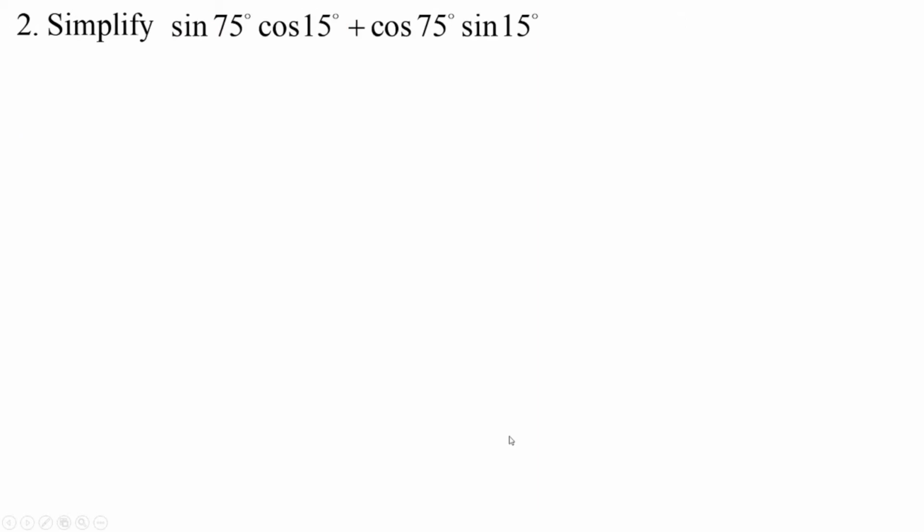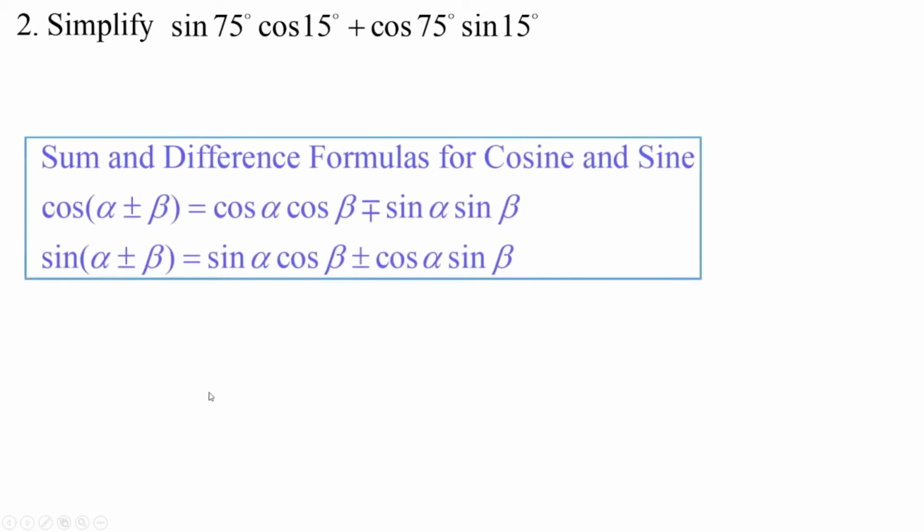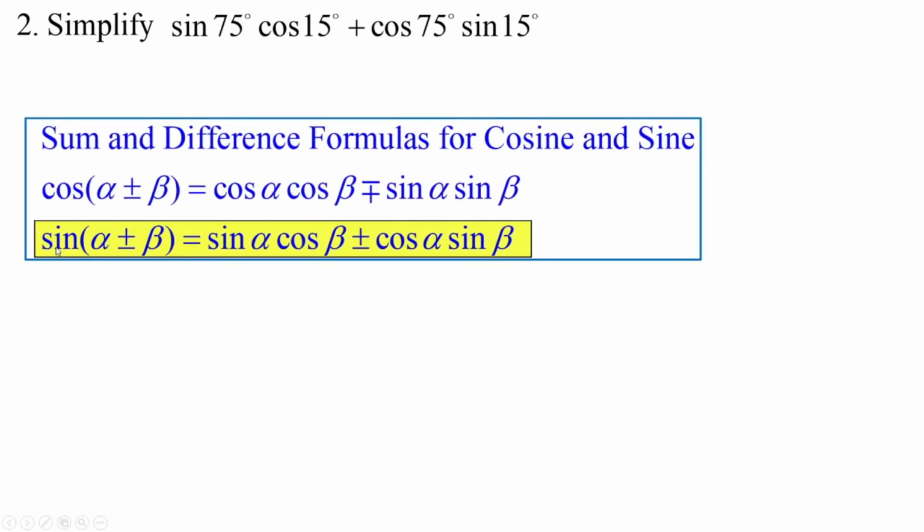Number 2 is the same type of problem, but notice this one is sine times cosine, cosine times sine. We're going to use our angle addition formulas, but this time the one for the sine. Let's get it set up. Sine of, and again my two angles are 75 and 15. But you see that we have a plus right there? Remember what I said: sine remains the same.